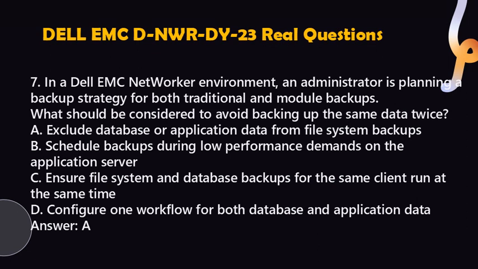B. Schedule backups during low-performance demands on the application server. C. Ensure file system and database backups for the same client run at the same time. D. Configure one workflow for both database and application data. Answer: A.